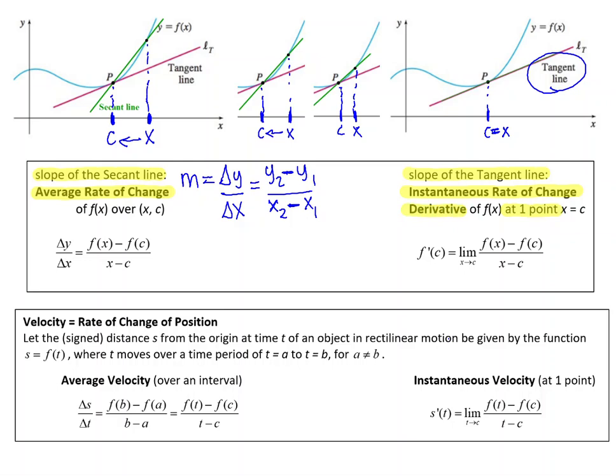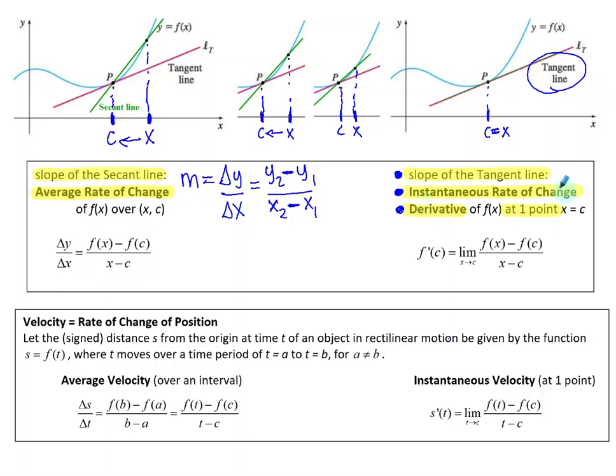So we call it the slope of the tangent line, the instantaneous rate of change, or the derivative of f of x at one point, x equals c. So notice the relationship when it's the average rate of change, f of x minus f of c over x minus c, simply the slope formula.